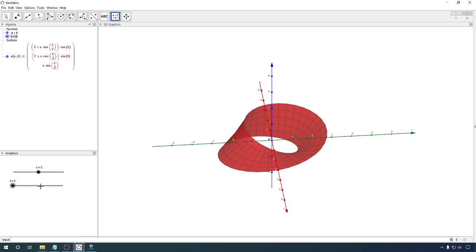I've gone ahead and put in two sliders here for s and t so I can move the vector around. We'll graph a vector where we put the values of s and t into A, and that'll give us the point on the actual surface, and then we're going to modify that point by adding in what we had before.